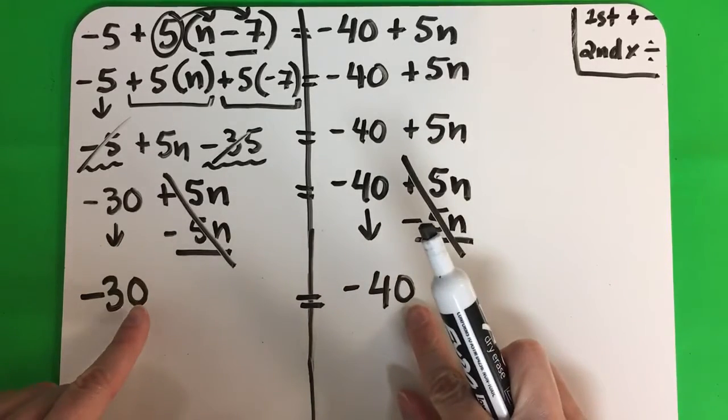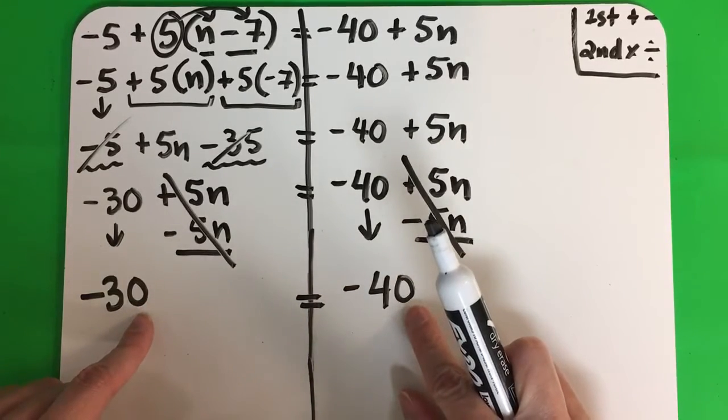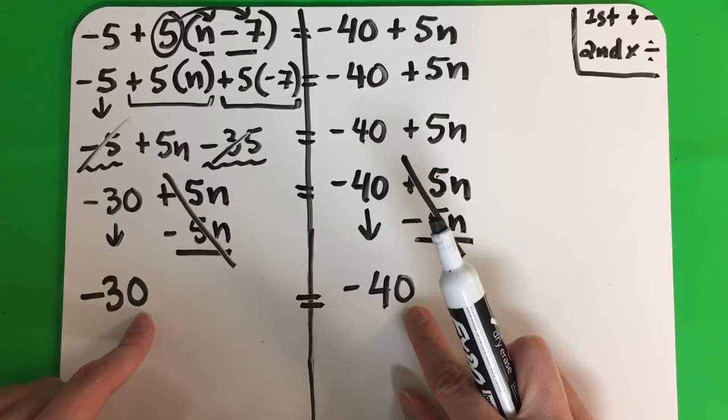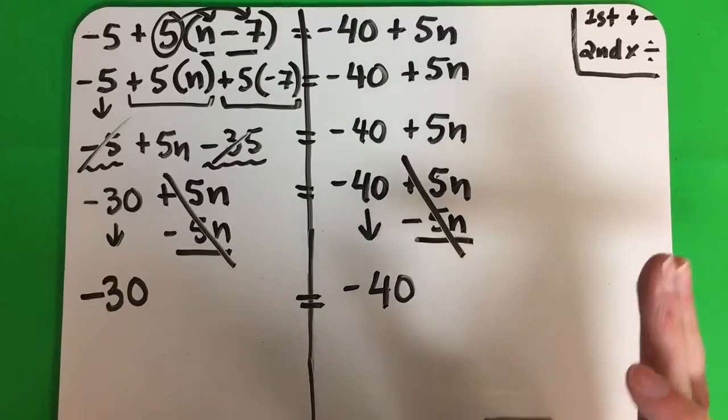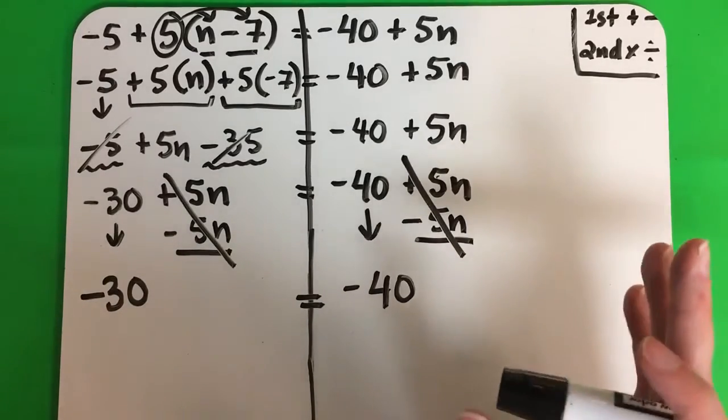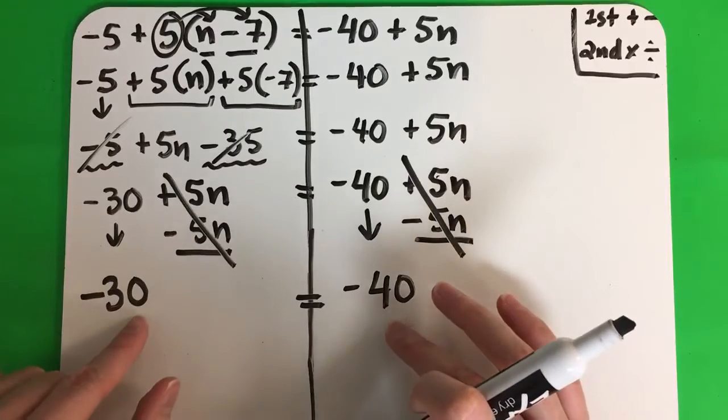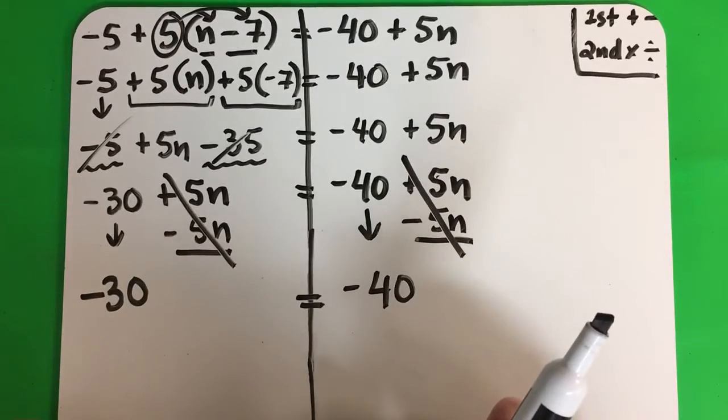Okay, so we're just going to look at these numbers and we are going to decide if this is true or false. Solo podemos ver números y pensar si están falso o verdad.